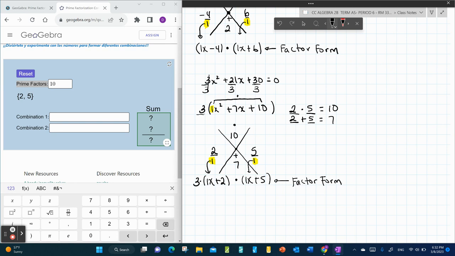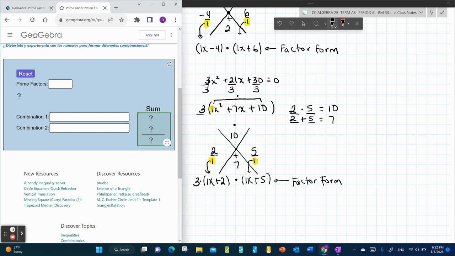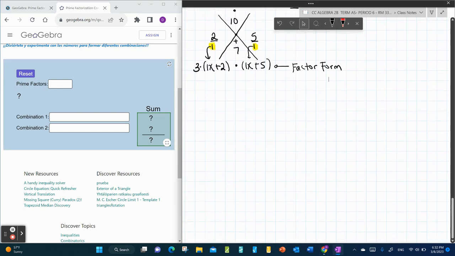Example number 3. Let me reset. For example number 3, there are times when I'm not able to factor out the number. I mean, that happens. So I'm thinking of an example that looks like this. 3x squared minus 5x minus 2 is equal to 0.